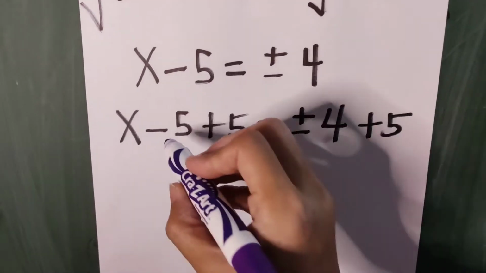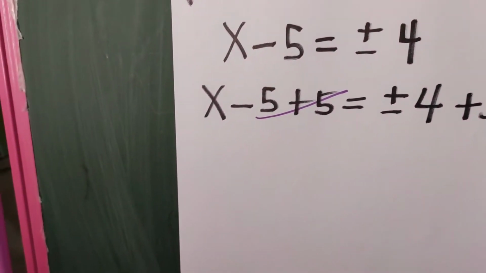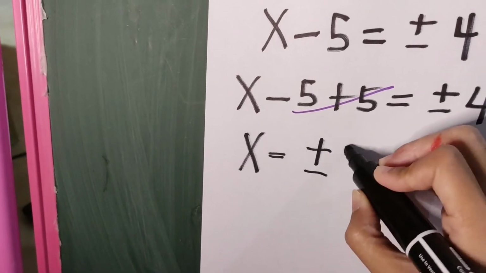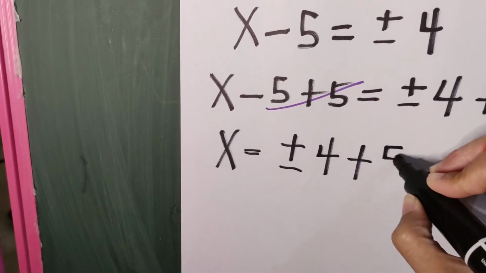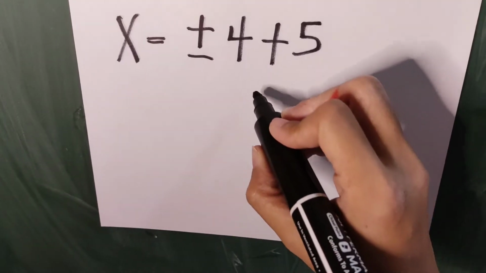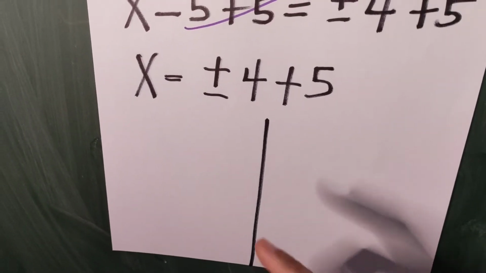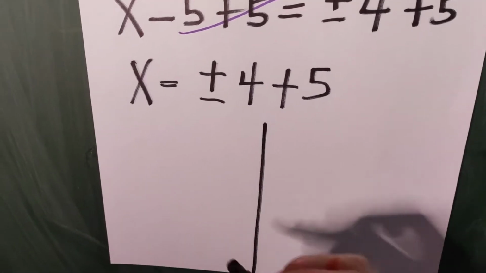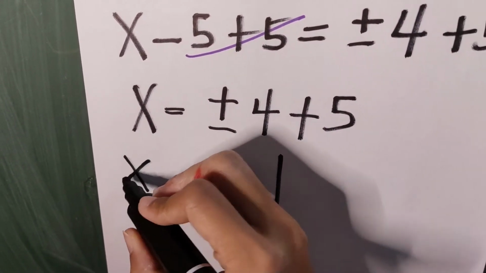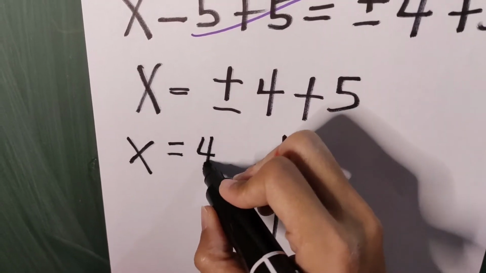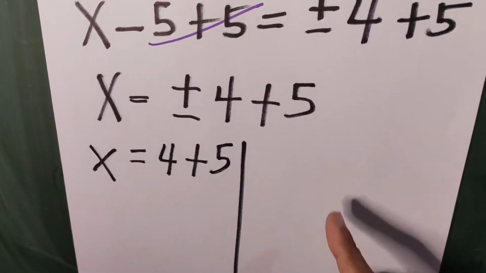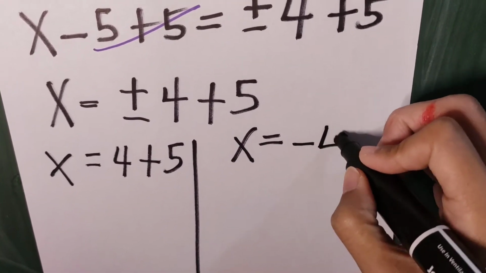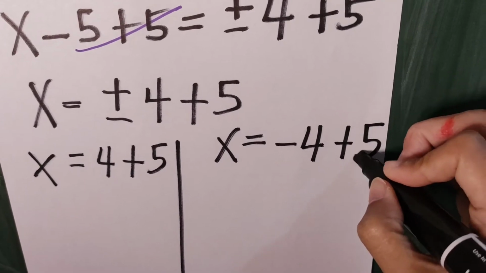So negative 5 plus 5 gives us 0. So x is equal to positive negative 4 plus 5. Let us divide this in two. So we have one answer for positive 4 and one answer when we use negative 4. So in this side, we have x is equal to 4 plus 5, while on this side, x is equal to negative 4 plus 5.